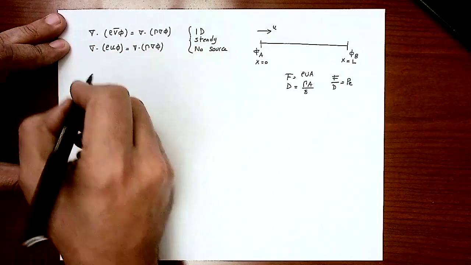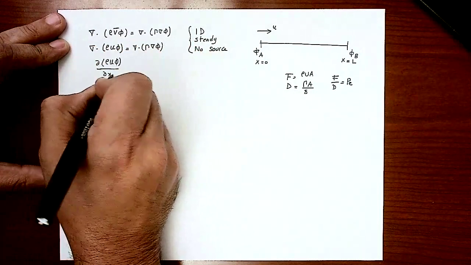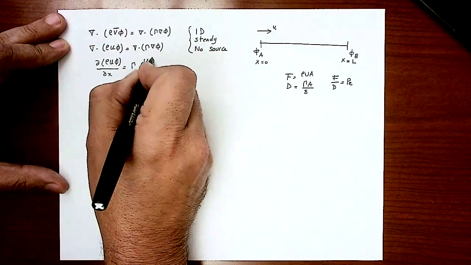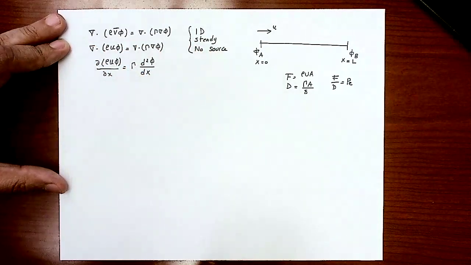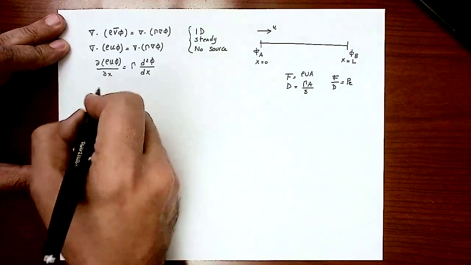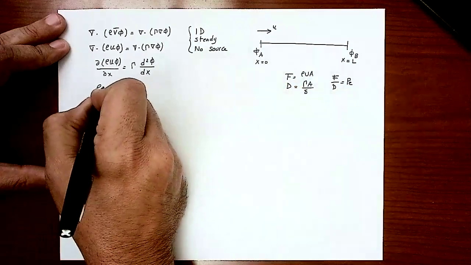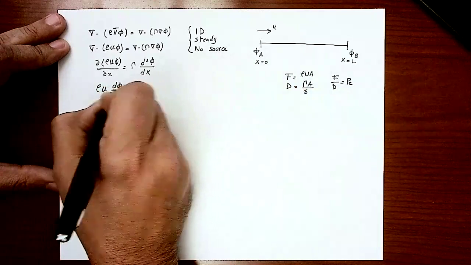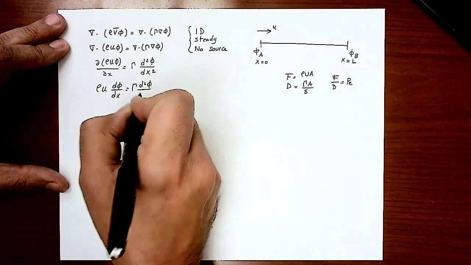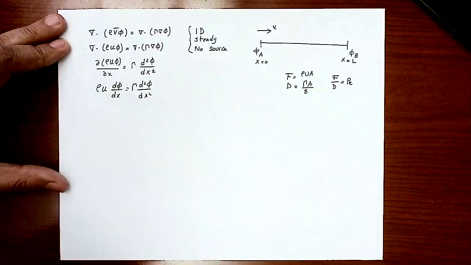So this is simply partial rho u phi by partial x equal to, if kappa is constant, kappa d2 phi by dx squared. Since we are dealing with incompressible fluid, I'm going to take rho and u outside, because rho u is simply giving me F, which we always assume constant. So rho u d phi by dx equal kappa d2 phi by dx squared. So this is the differential equation that should give me the exact solution.